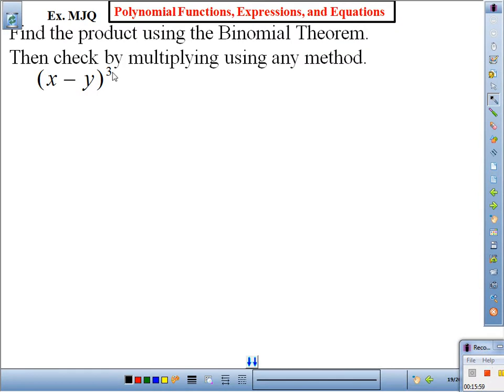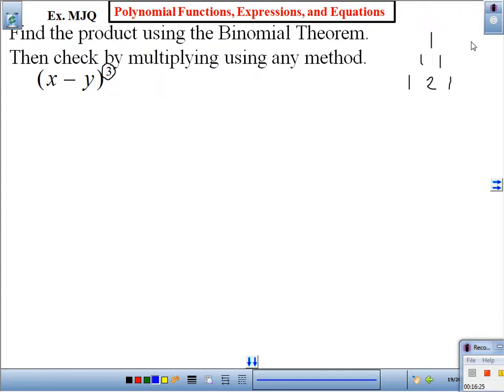What is the exponent here? 3, which means which row am I going to use from the triangle? The third row. So how do we know what the third row looks like? Well, you need to know how to build your Pascal triangle. 1, 1, 1, 1, 2, 1. Let me change color because some of you are saying, where are you getting those numbers? This is a triangle.